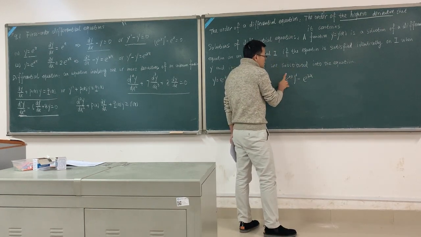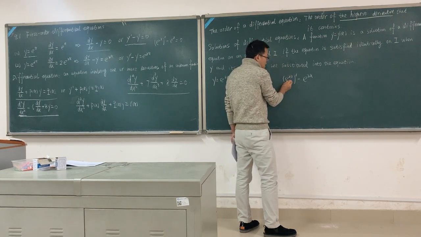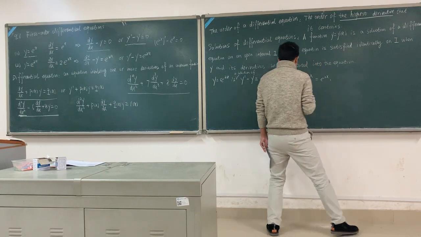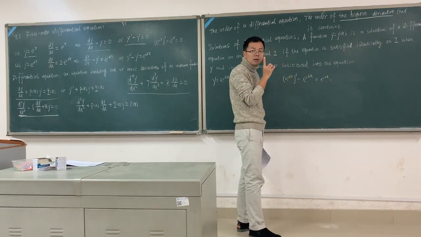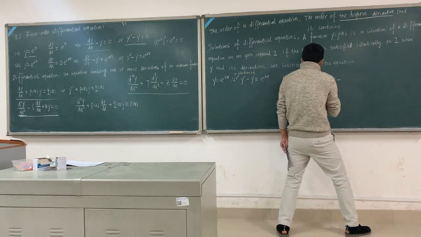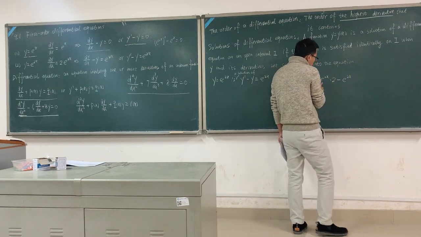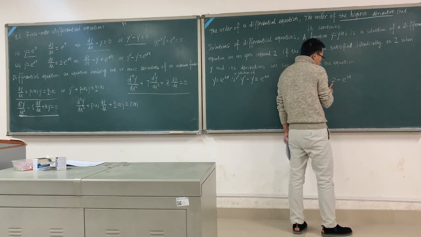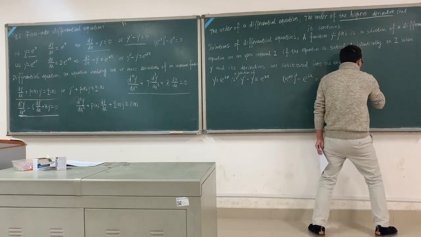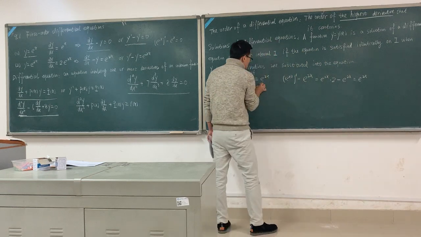The derivative of e^(2x) is e^(2x) times the derivative of 2x, which is 2. So we have e^(2x) times 2 minus e^(2x), which equals e^(2x). So here is e^(2x) and here is e^(2x).